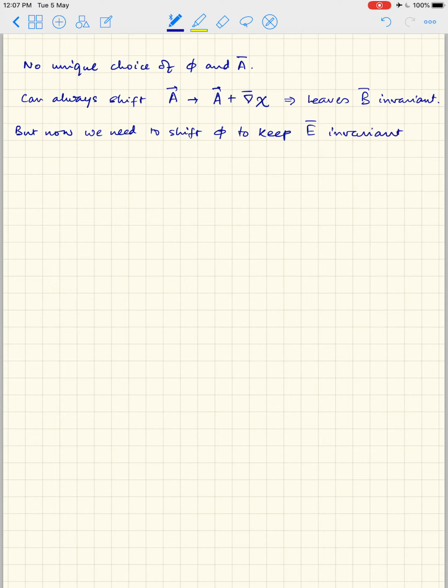And what do we need to do? So phi has to go to phi minus del chi del t when A goes to A plus gradient of chi, to keep the electric field invariant.